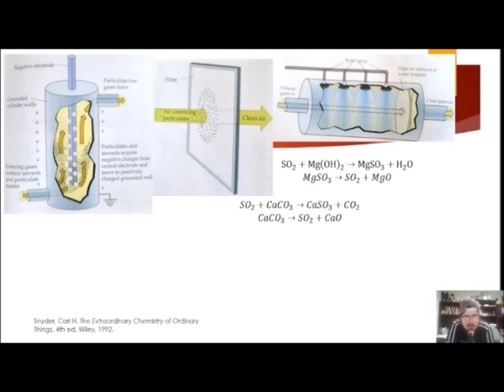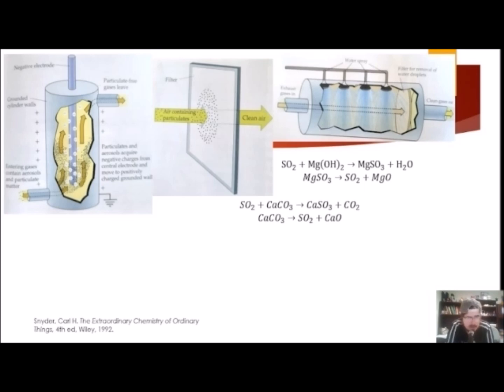Filtration is pretty simple. It is the same way as you would filter air in your house. You have a little screen with tiny microscopic pores. The pores are a certain size so that the air molecules, which are on the nanometer or smaller scale, can pass through.